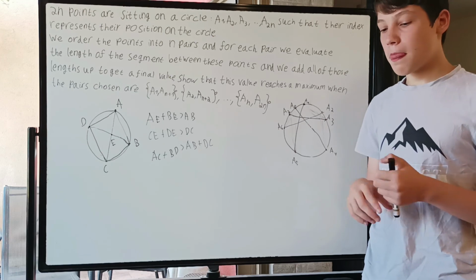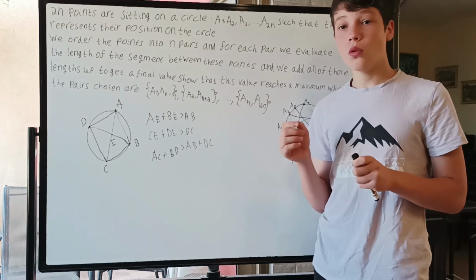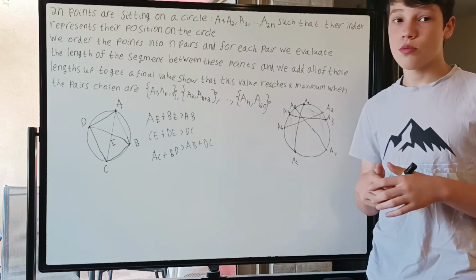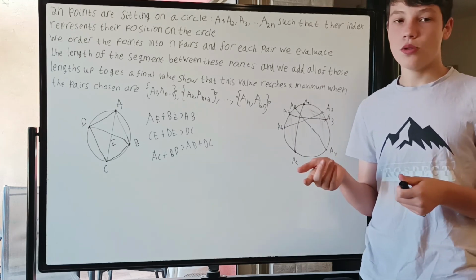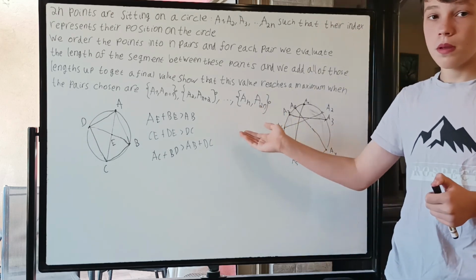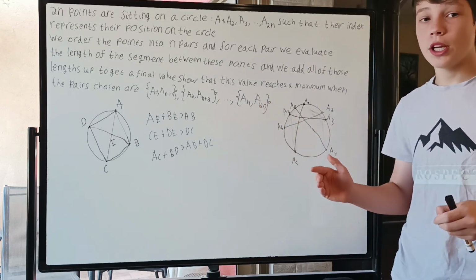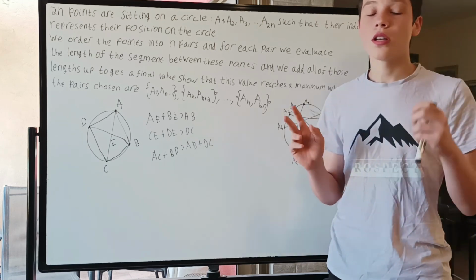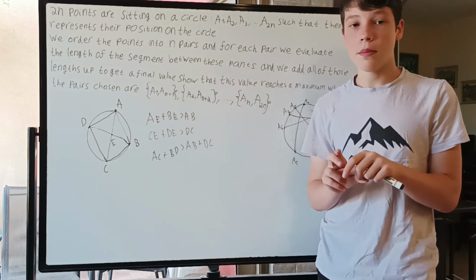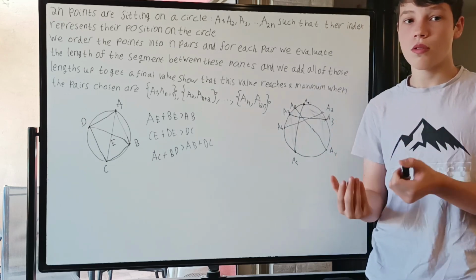Because the only configuration where the maximum amount of crossing is reached, where any two segments are crossing, is this one, any other configuration will have two segments that aren't crossing, which means we can connect them up and increase the number of crossings.